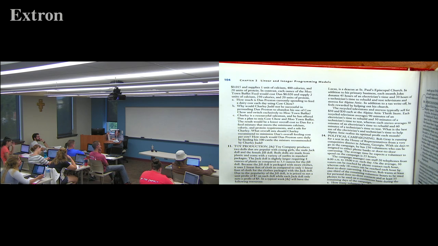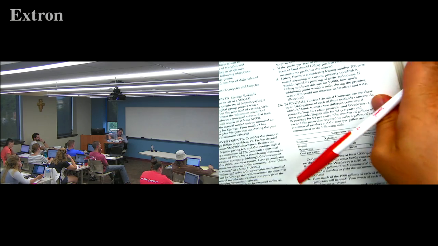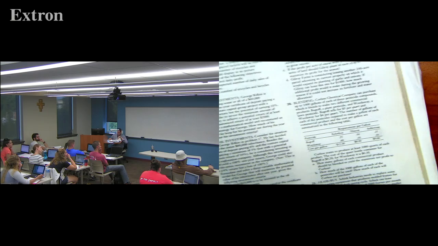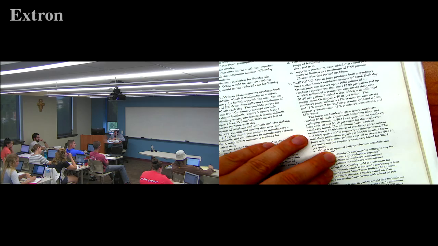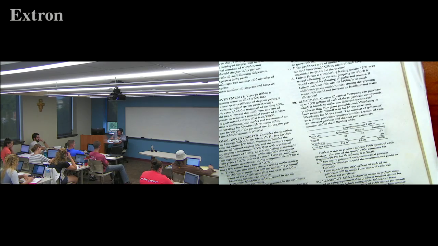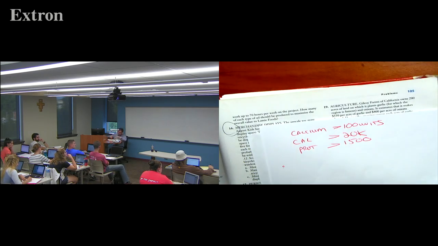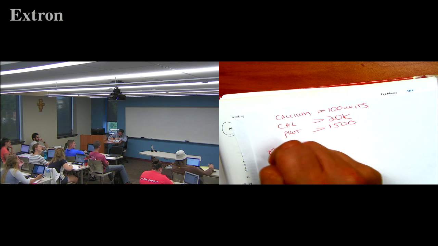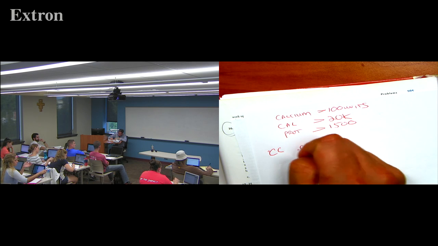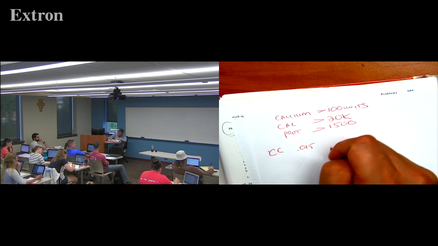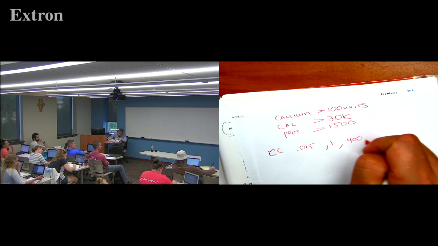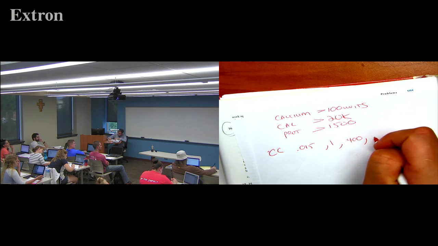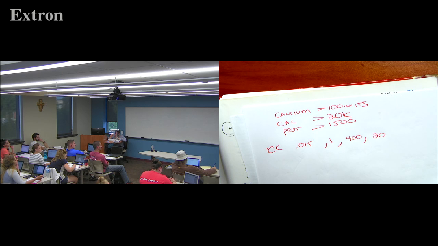How much is Dan Preston currently spending to feed a dairy cow each day using cow chow? All right, so let's see, cow chow. This isn't really the problem itself, but we will need to look at cow chow. Cow chow costs 0.015 per ounce and supplies 1 unit of calcium, 400 calories, and 20 units of protein.